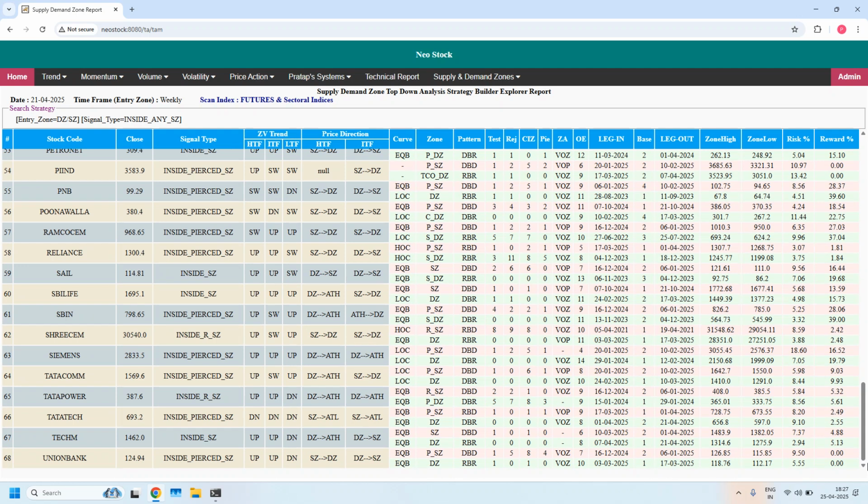Price closed inside weekly supply zone. We can further filter this list based on weekly supply zones having weekly EMA confluence.